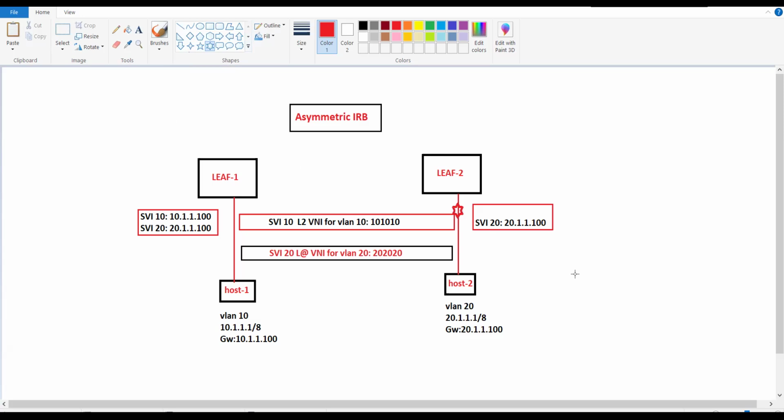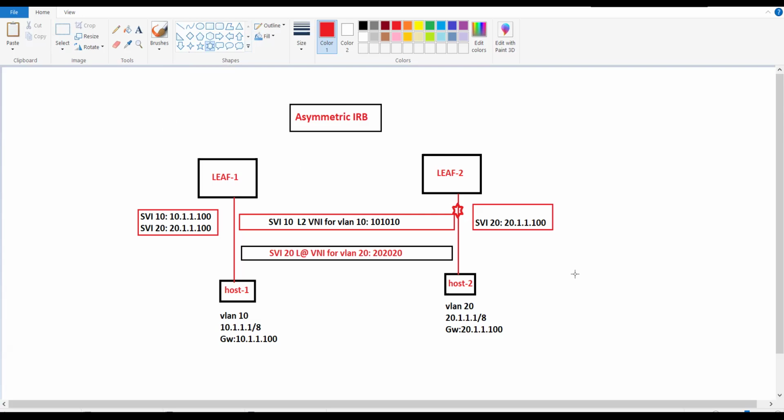That is why it is not very scalable, because we have to configure the information related to our SVIs and VNIs on all of our devices in the VXLAN fabric.